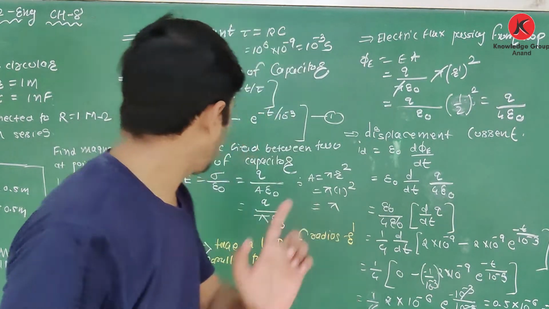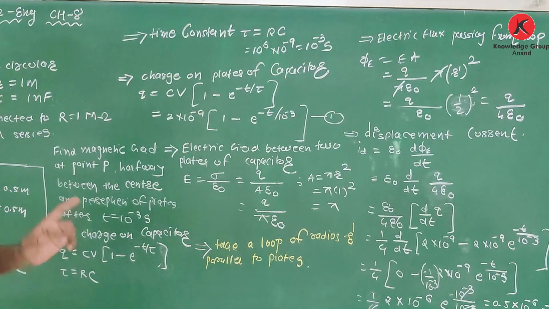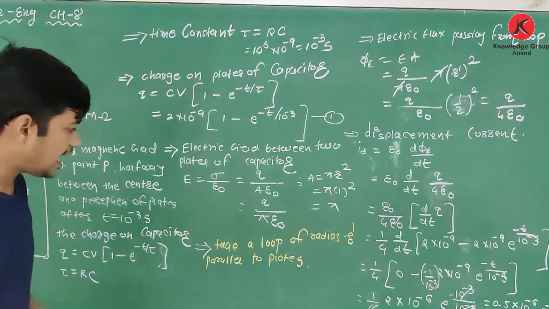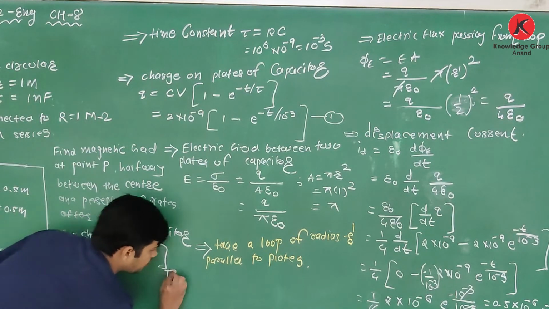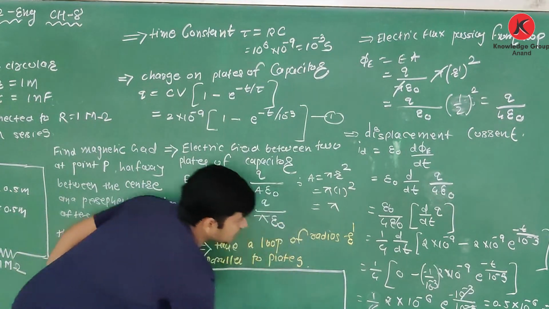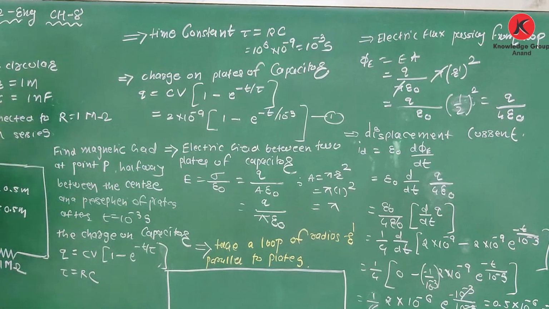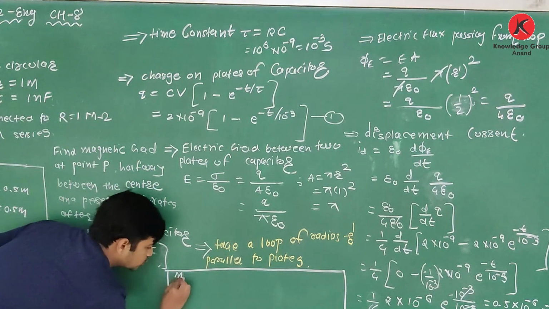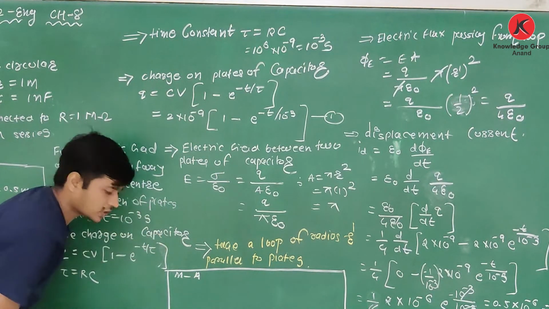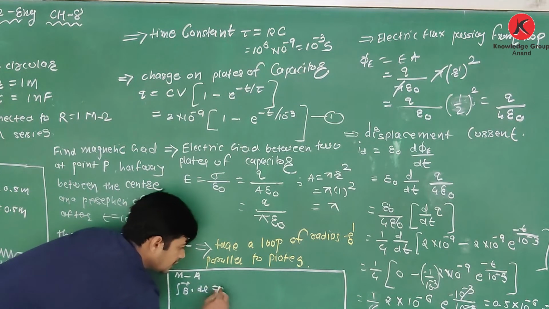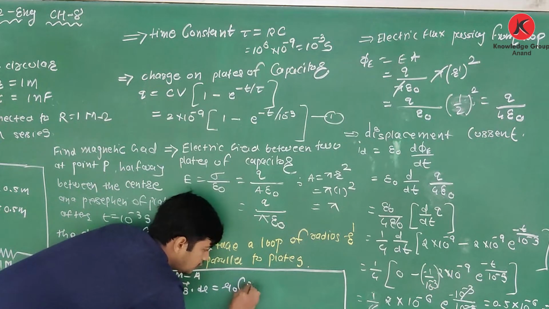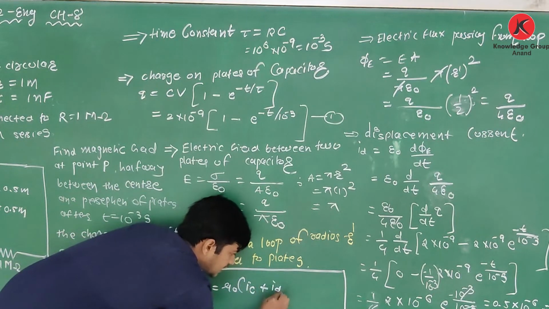Okay, and now one last step. That last step is according to Maxwell's Ampere law. Integration B dot dl is equal to mu 0 (IC plus ID).